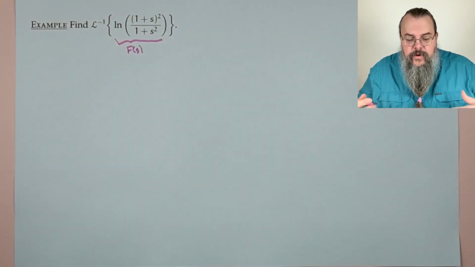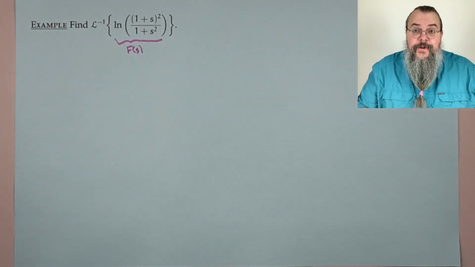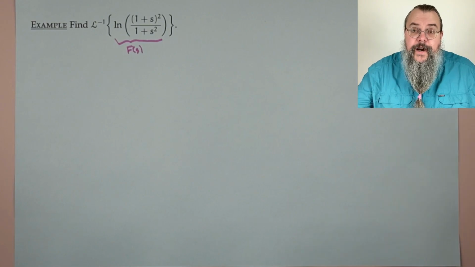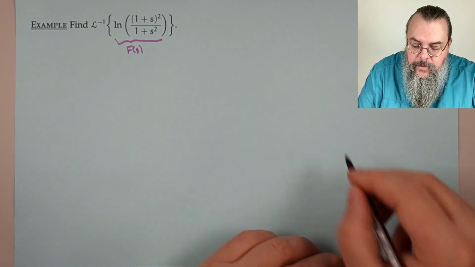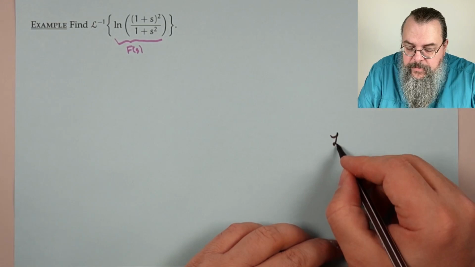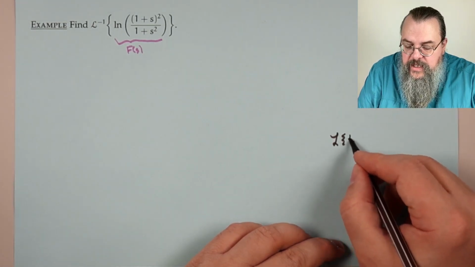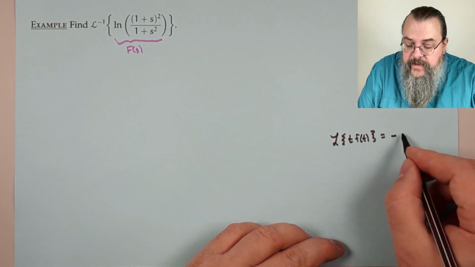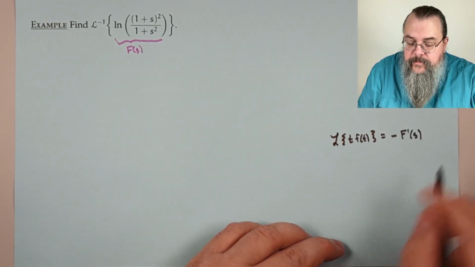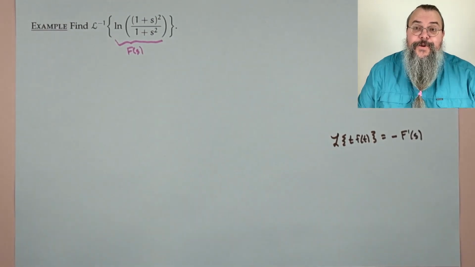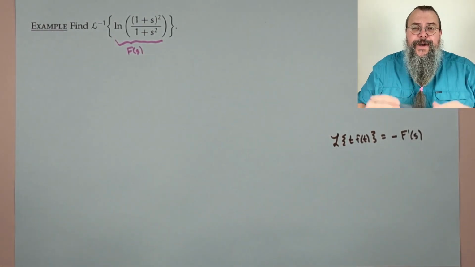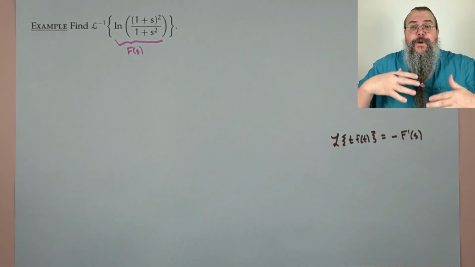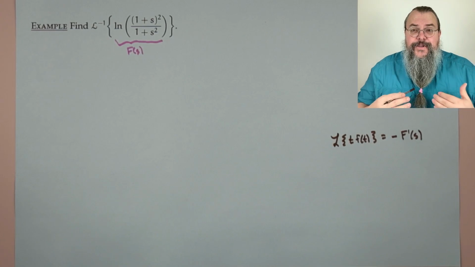Now let's take a detour and think about our rule that we've learned. Just to see where we're at. If we were to write our rule, we say, well, what do we know? We know that the Laplace transform of t f of t is equal to minus f prime of s. That's essentially the rule that we've written down. But every rule for Laplace transforms becomes a rule for inverse Laplace transforms. We just have to unravel it and think about what's going on.